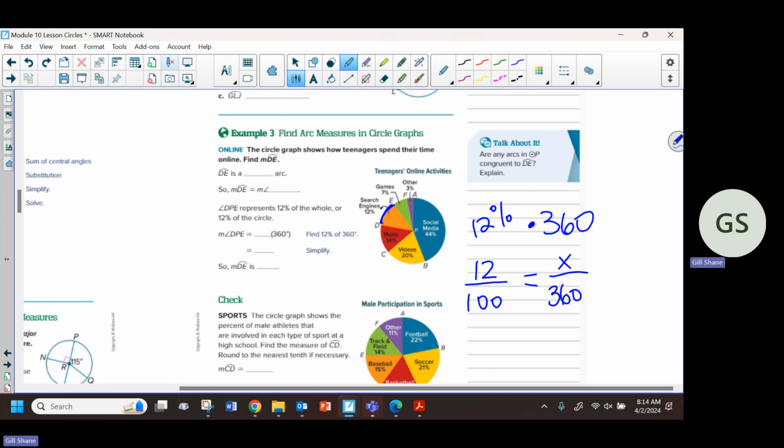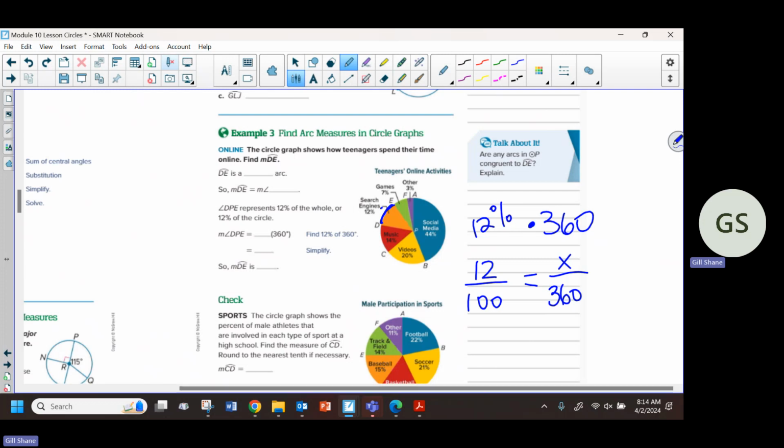So you would get 360 times 12 and then divided by 100. And you should have gotten the same thing as when you said 0.12 times 360. There should never be a time when you get two different answers, or else something was done wrong.